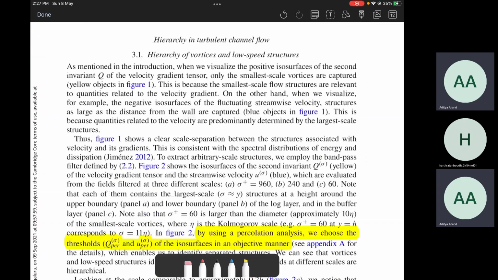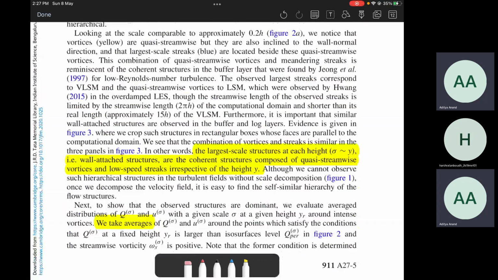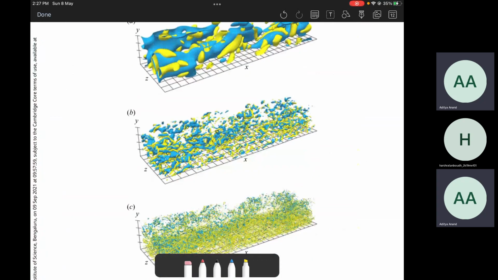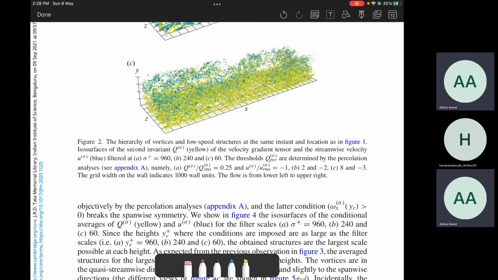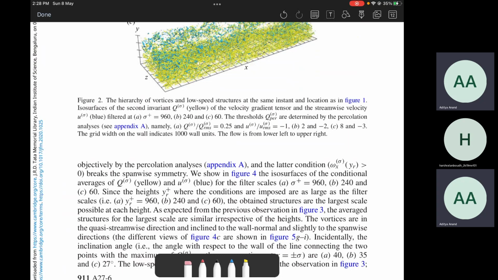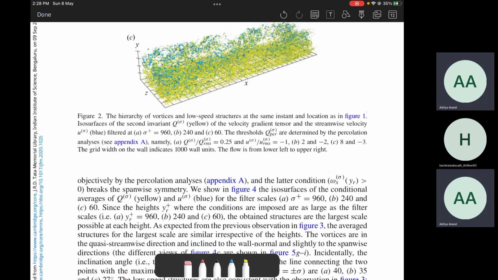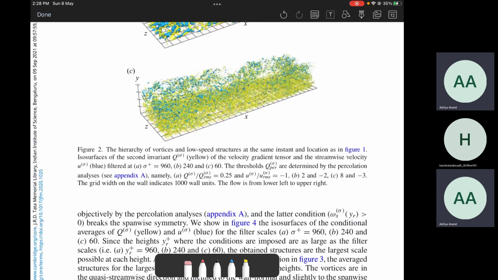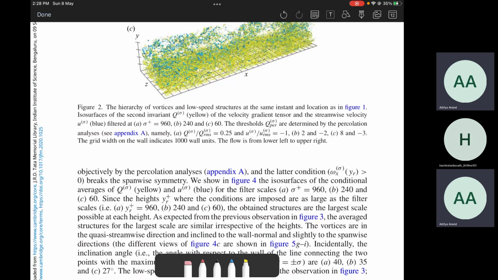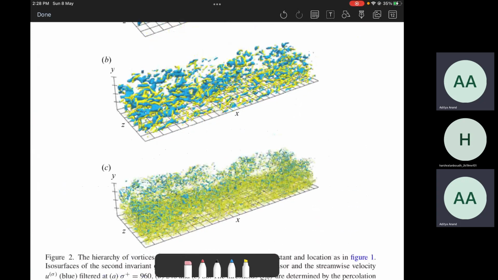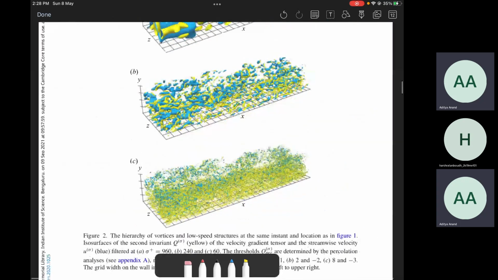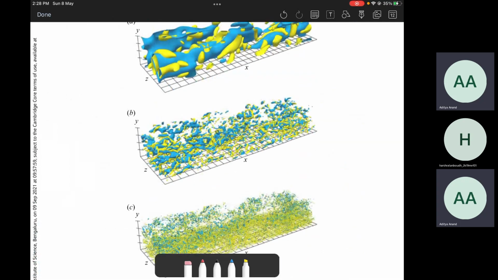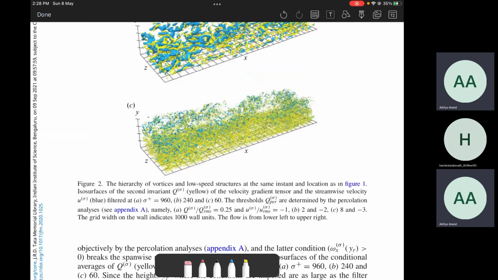Once you get the filtered velocities, you can plot isosurfaces to detect those structures. You can calculate vortices and plot isosurfaces of those vortices or entropy values to get these structures at several scales.